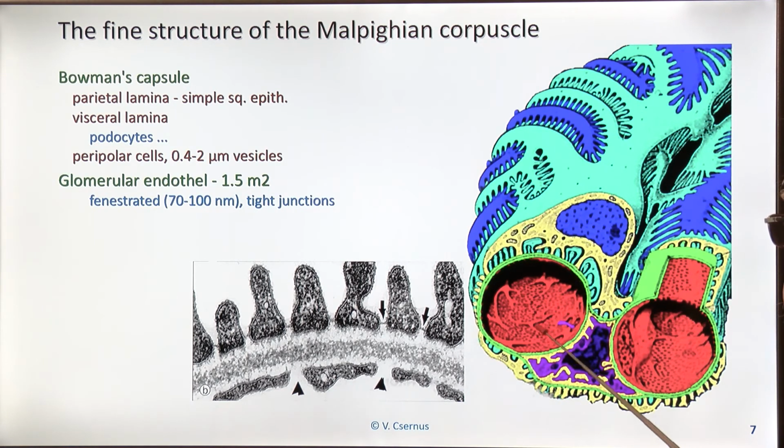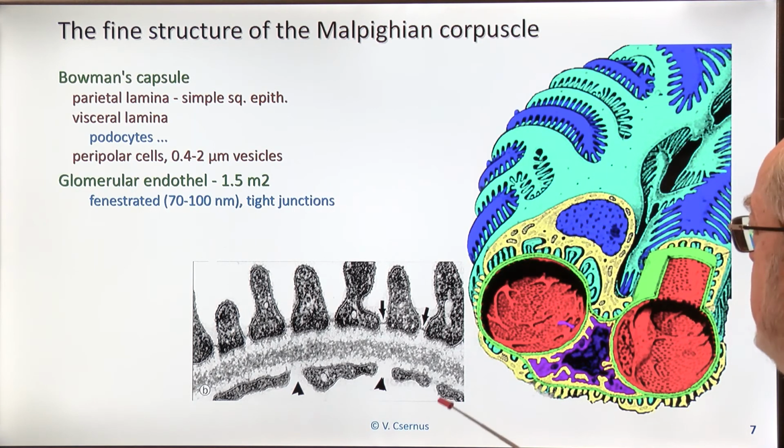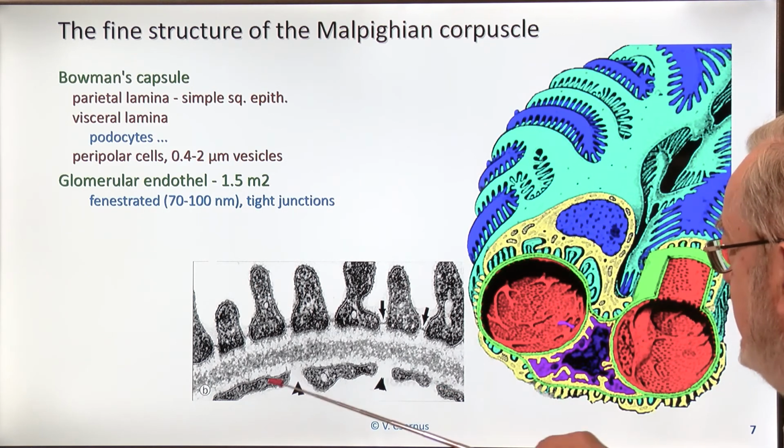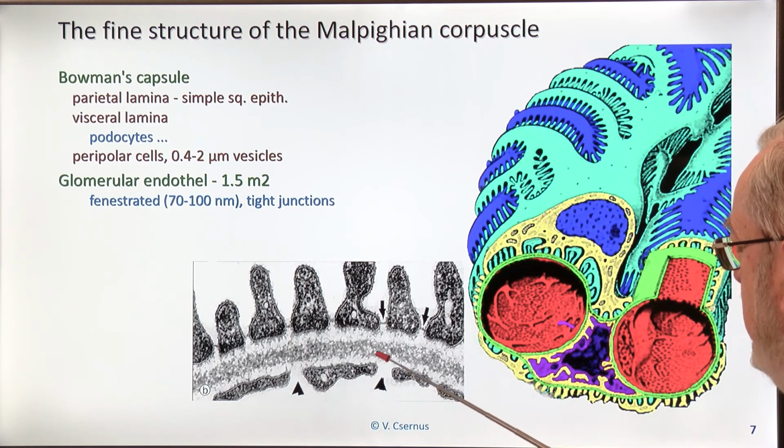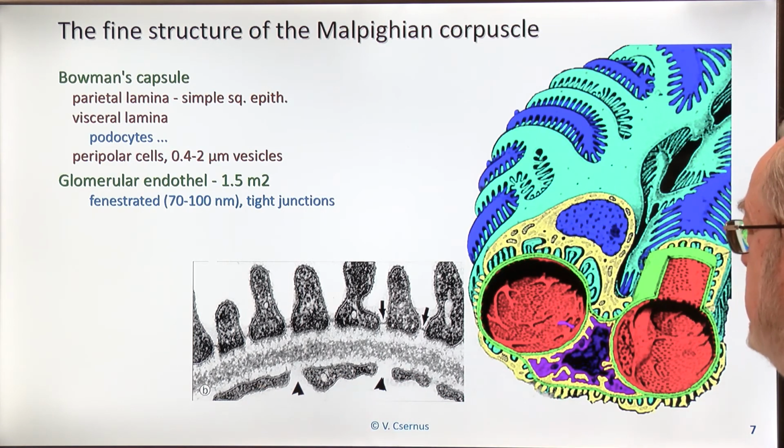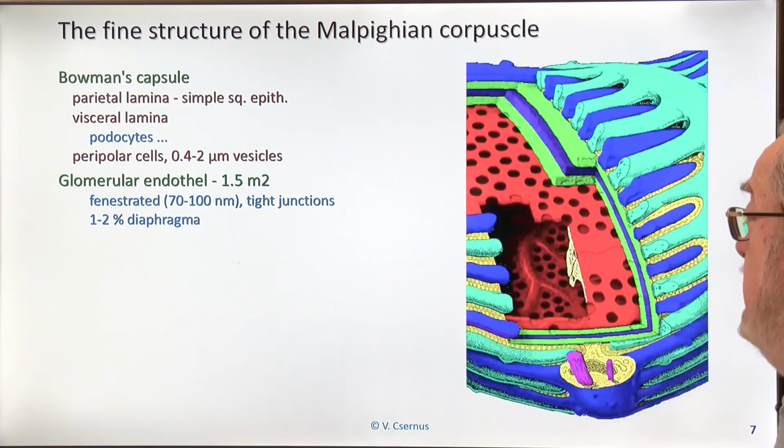In contrast to that, the endothel cells are sealed to each other with tight junctions. Here you can see a cross-section of this area. This is the endothel, and these openings are the windows. And this is the endothel's cytoplasm.